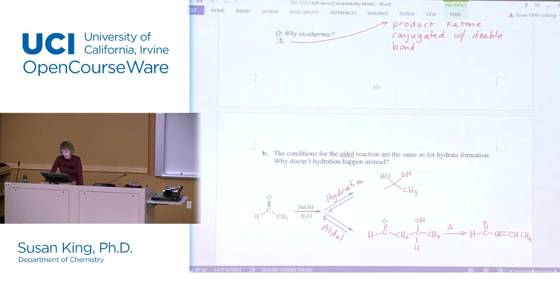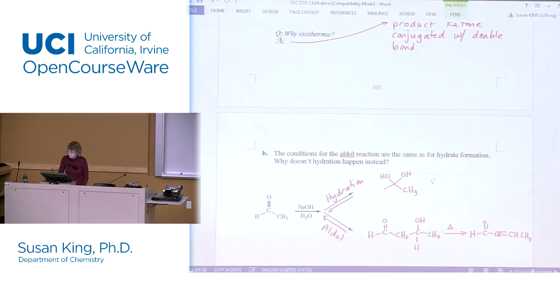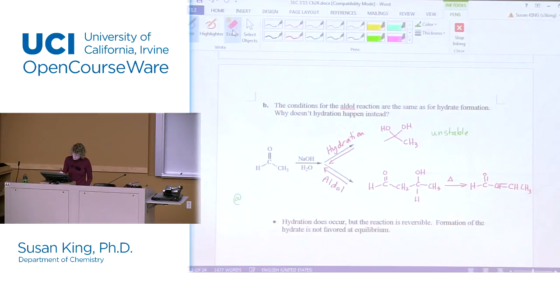What do we know about the stability of a hydrate? It's not stable, right? So we're in equilibrium conditions. This is unstable. In equilibrium conditions, you always form the more stable product, and this is much more stable.